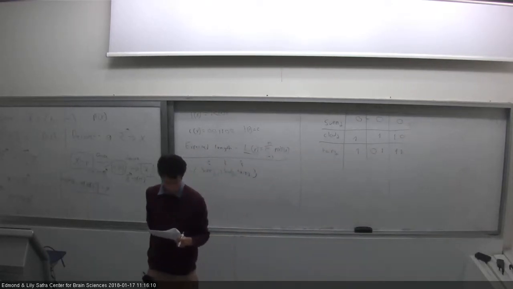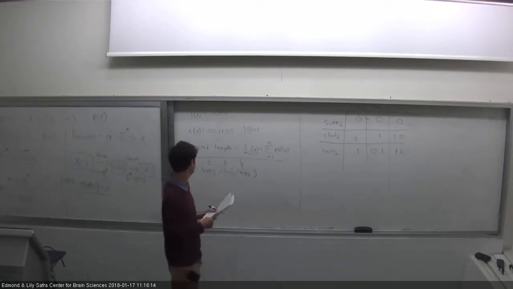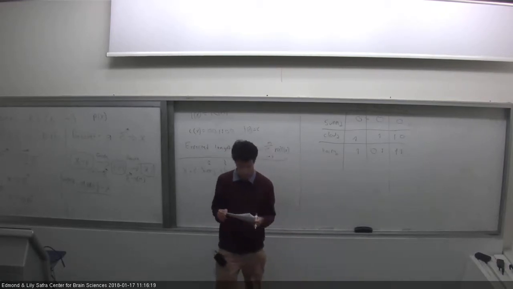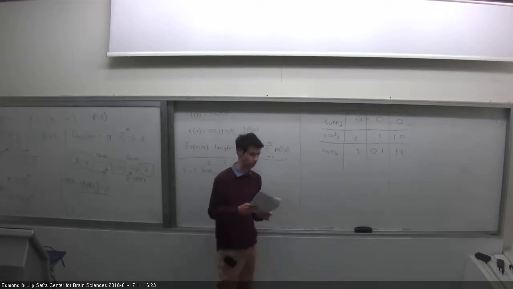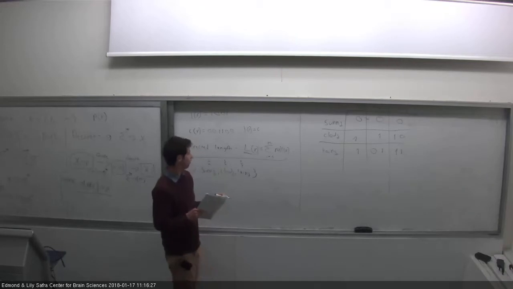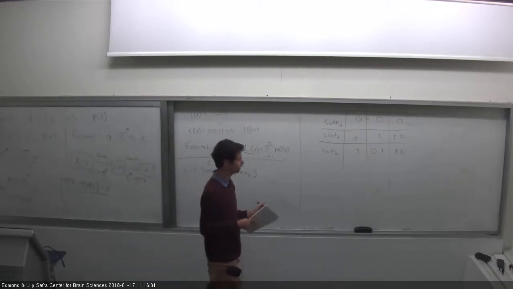Now, what is the expected length of the first code? Right, it's 1. So what is the expected length of all the others?